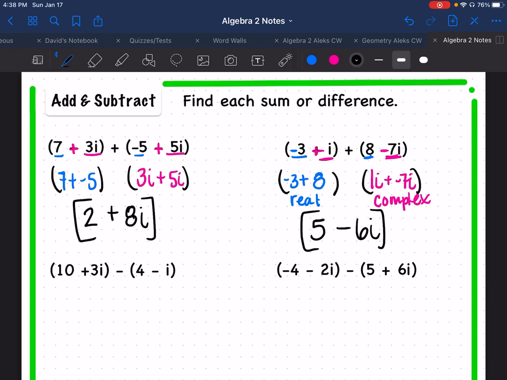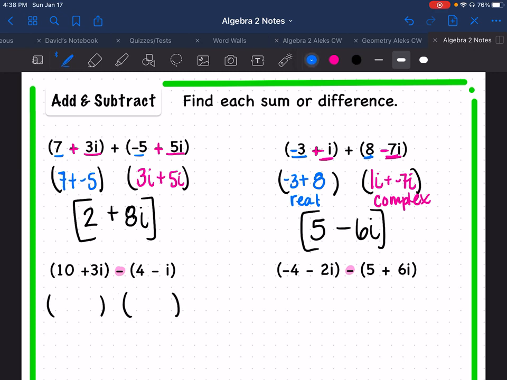Now we're just going to go ahead and change into subtraction. So the only thing I'm doing here in the last two examples is I'm changing it into subtraction. Now in this case, I need to be a little bit more careful because I am subtracting.